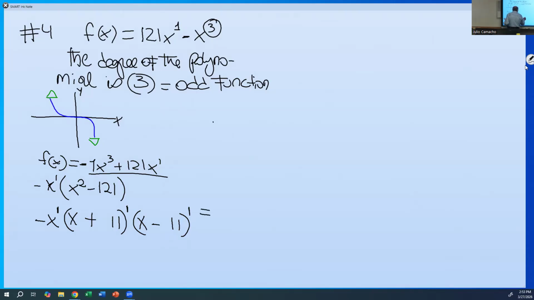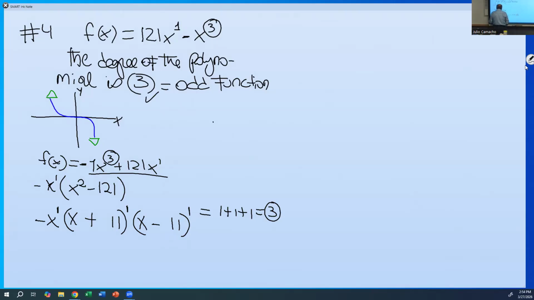And then the only thing we have to do is add this together. 1 plus 1 plus 1 is equal to 3. That will be the degree. And that also matches the degree here and here. So we know that we have the right factors and the right multiplicity.